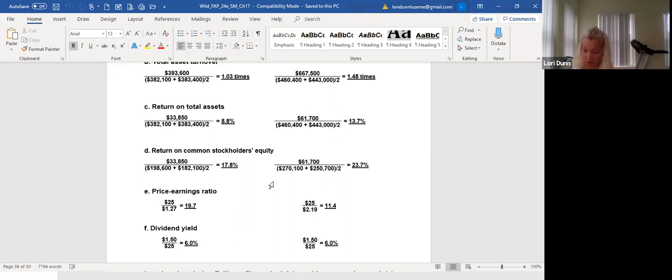On page 645, in the right-hand column, under net income on the income statement, basic earnings per share for Fargo Company they calculated as $1.27. Ball Company is $2.19. Just to review, earnings per share is a very important number in the market for investors.